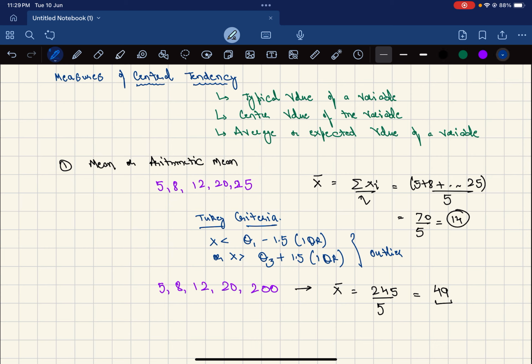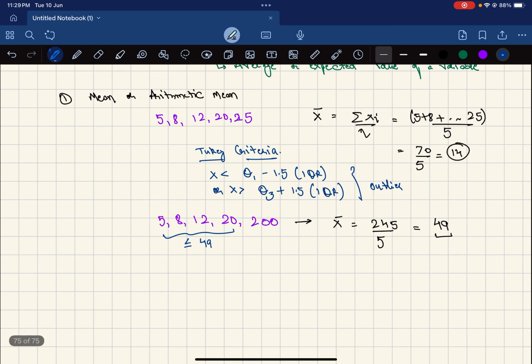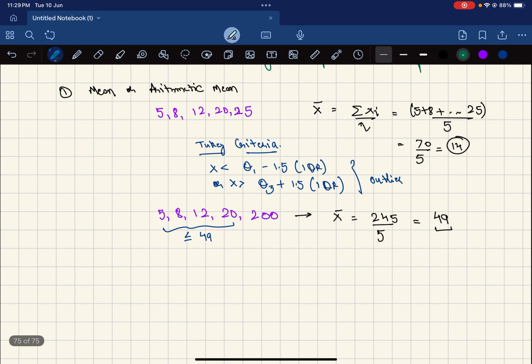The reason being, most of the values are actually way lower than this arithmetic mean value, and we can see that 4 out of 5 values are way less than 49. Therefore this doesn't look good as a typical value for this data set. What this shows is that the arithmetic mean as a measure of central tendency is sensitive to outlier values.